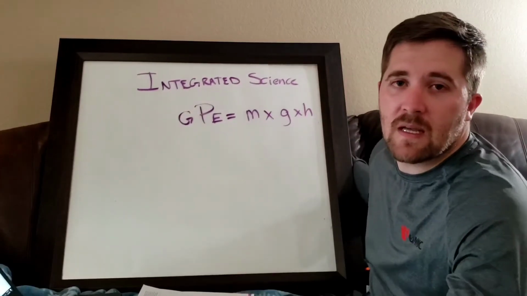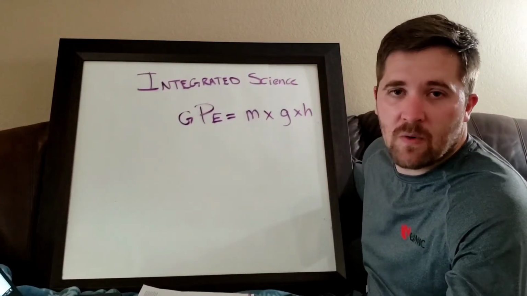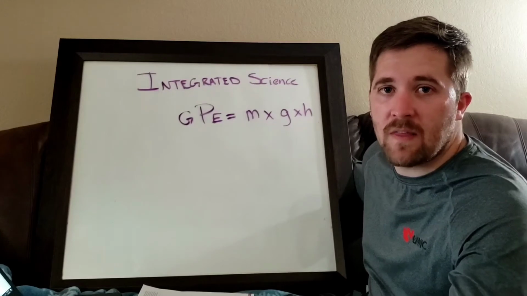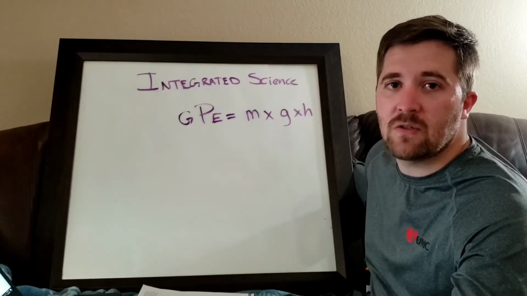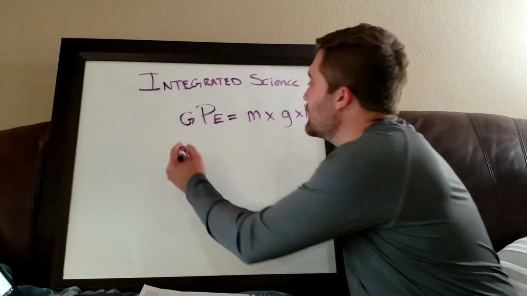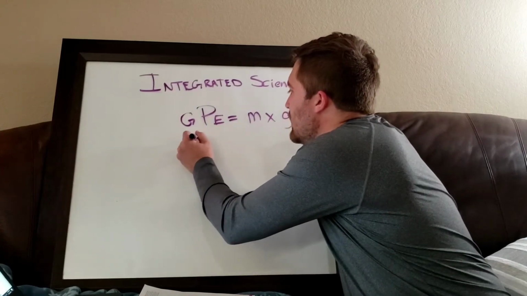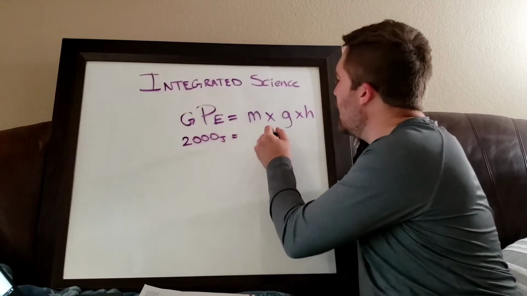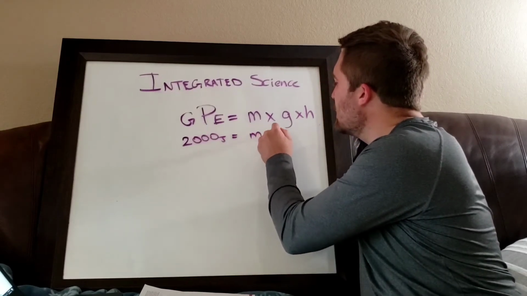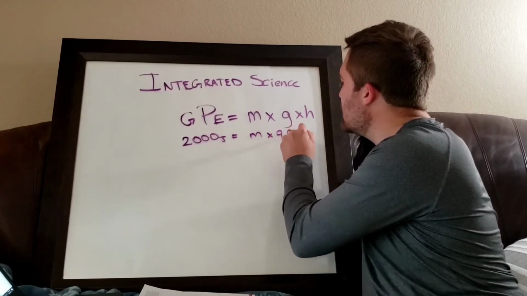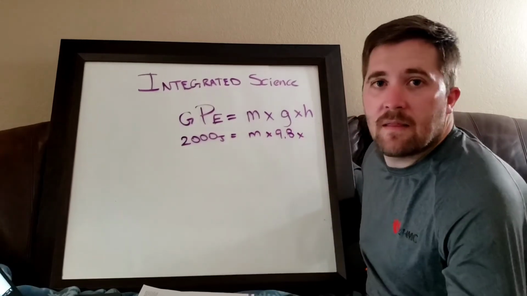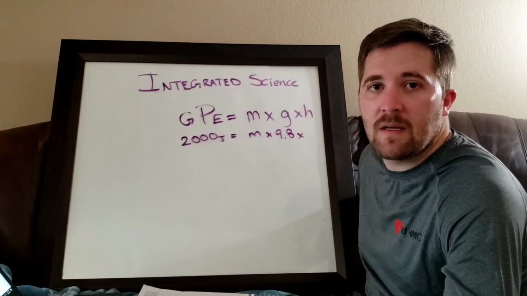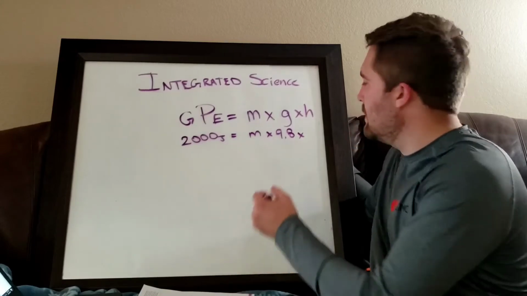Let's say the problem says a man with a gravitational potential energy of 2,000 joules, because energy is in joules, and we are looking for mass. Gravity is 9.8, and let's say the height off the ground is 10 meters again.